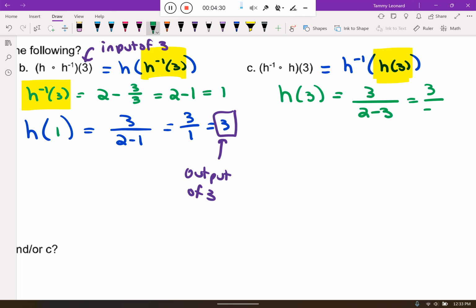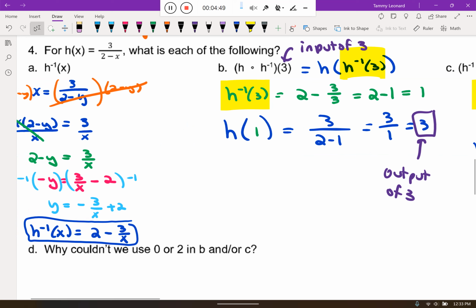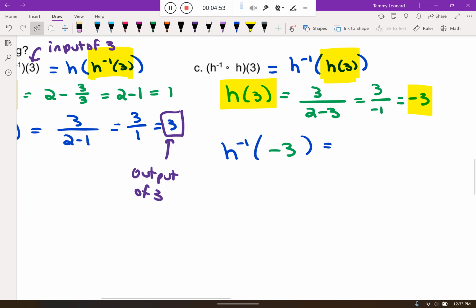Or 3 over negative 1, which is negative 3. So negative 3 is that value, h of 3. So now I can go in and say I'm supposed to take h inverse of that negative 3. Well, when I do that, remember h inverse was over here: 2 minus 3 divided by that negative 3. 2 minus 3 divided by negative 3.